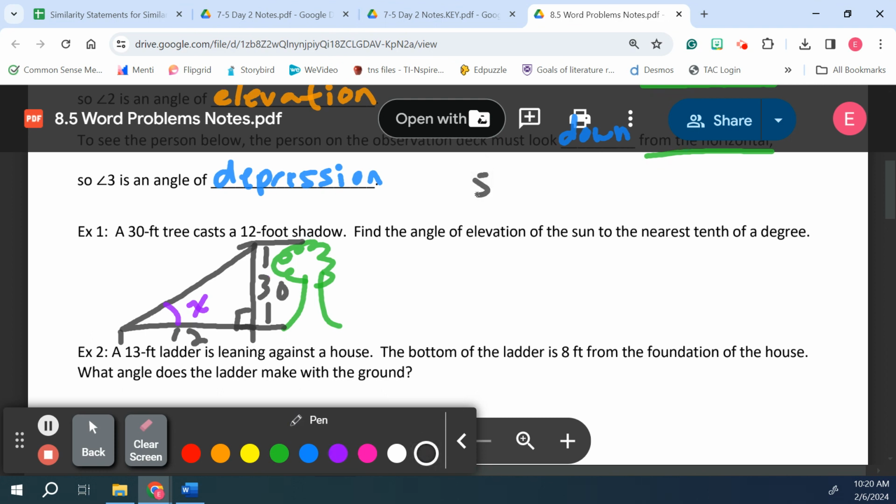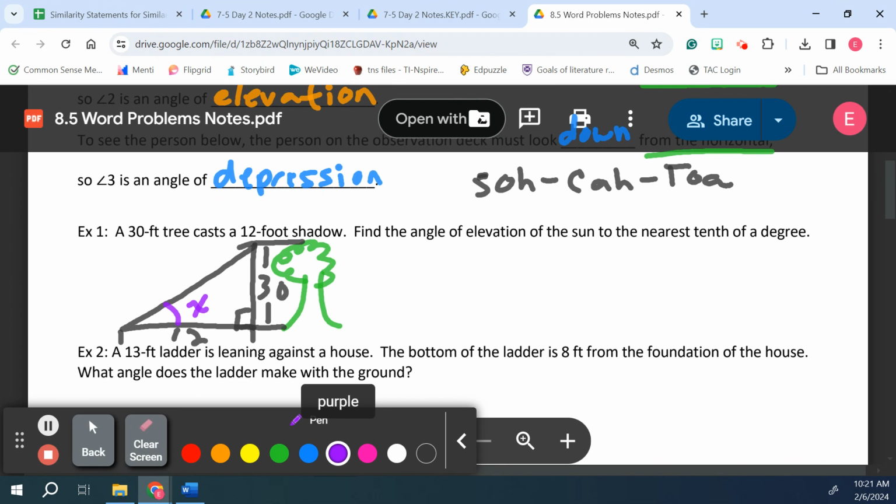Just to recap, remember we have SOH CAH TOA. So who could tell me, what am I using here? Sine, cosine, or tangent? Well, first off, do we have a hypotenuse? Do we have an opposite?